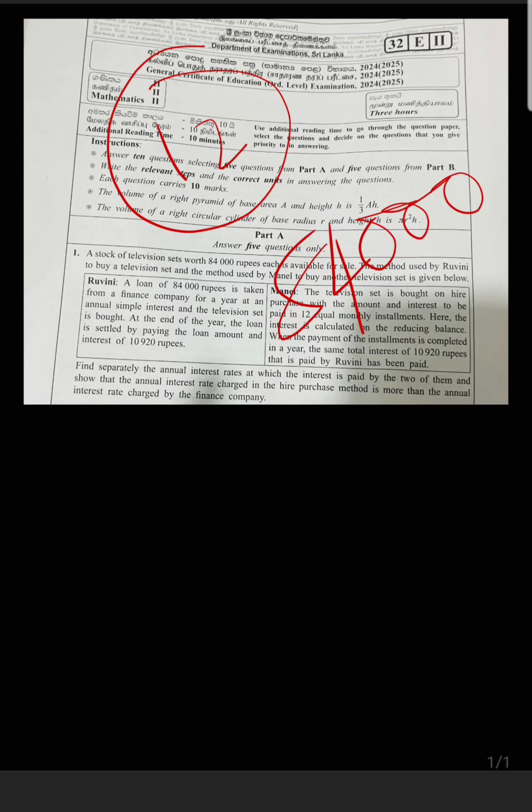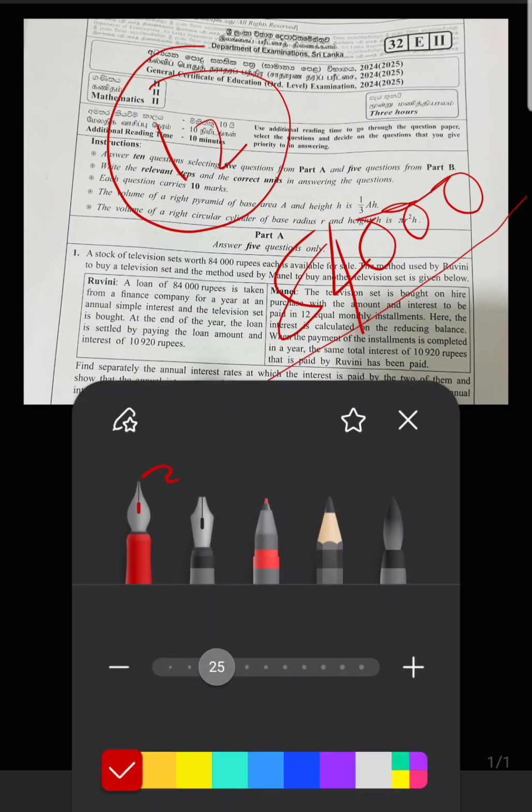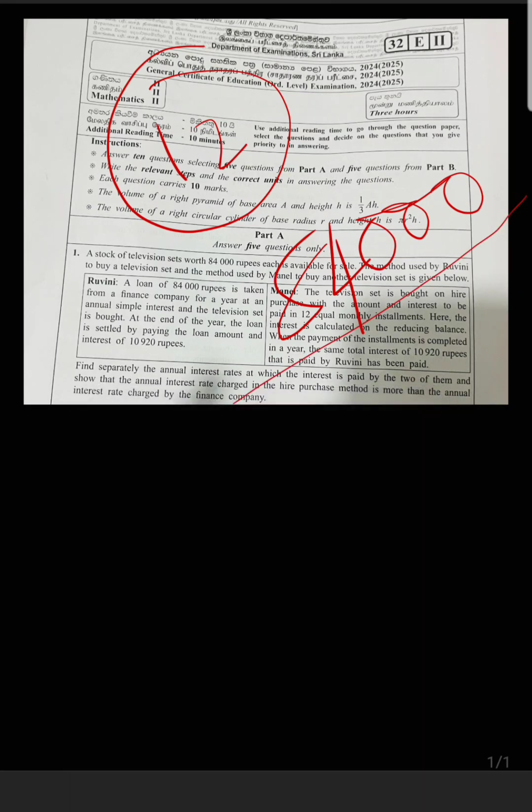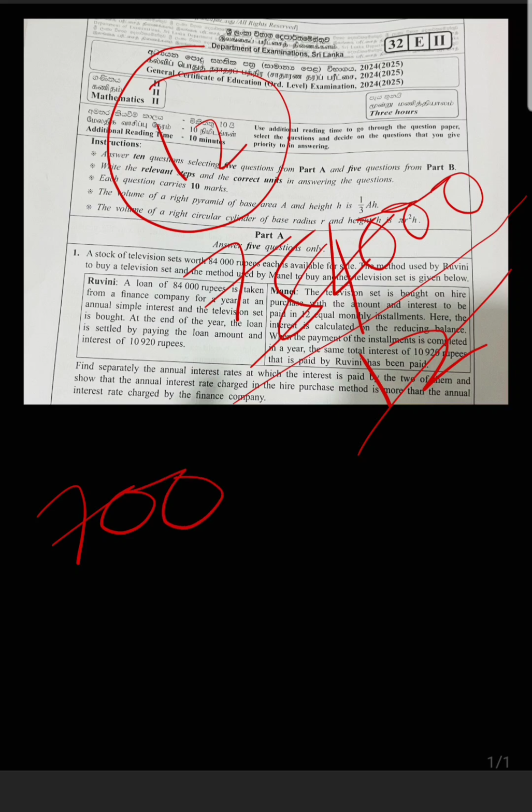So the first step, even though it's a direct method or the reverse method, first we have to divide the amount by the months. So 84,000 divided by 12 is 7,000. It is the first thing we have to do.